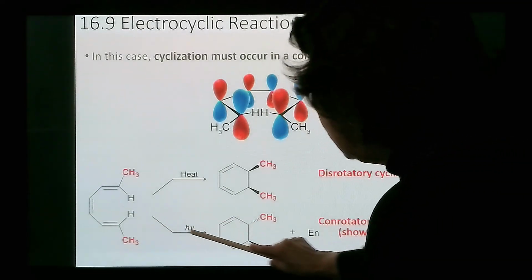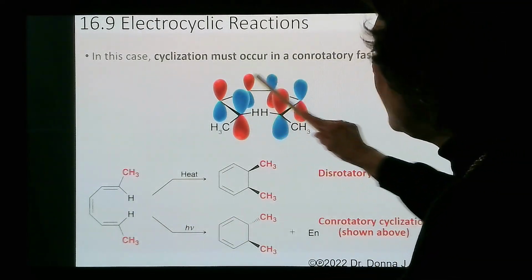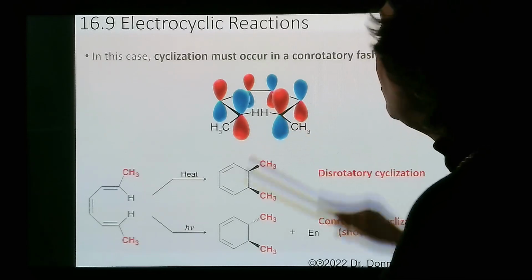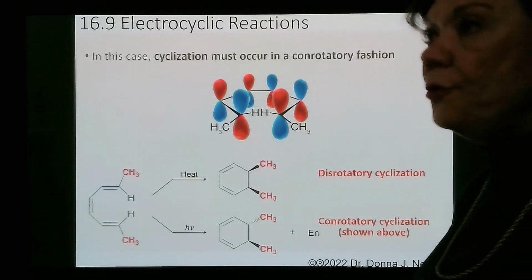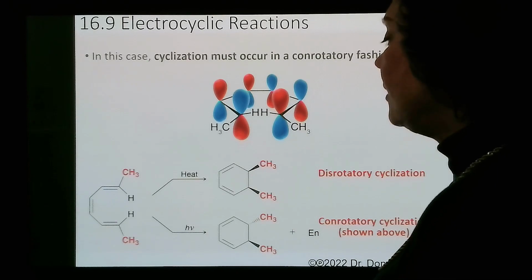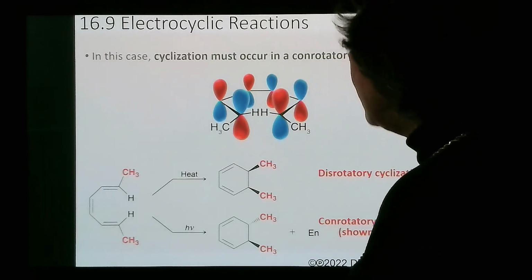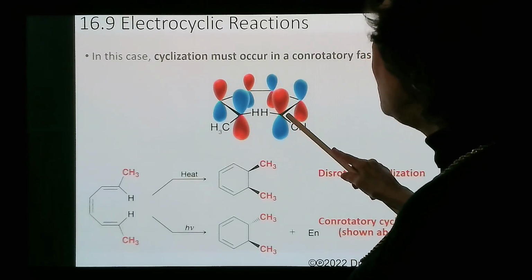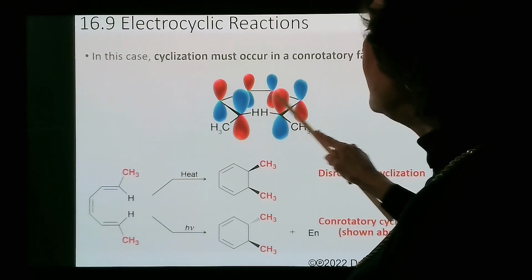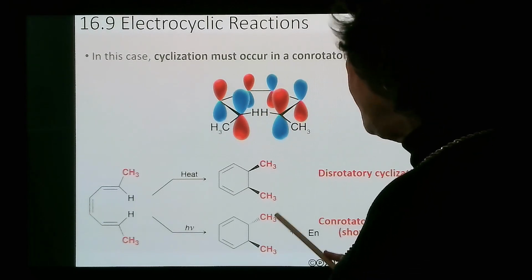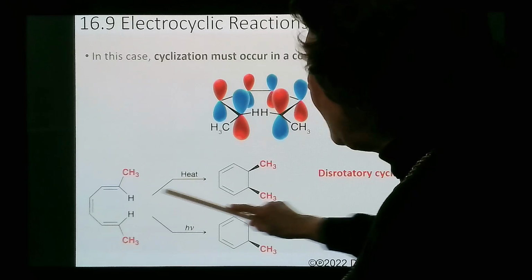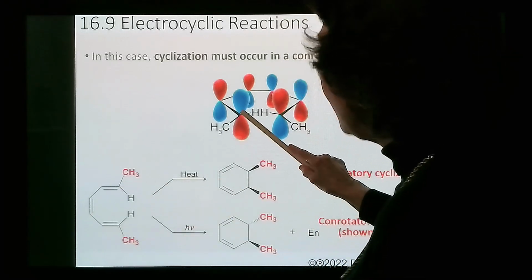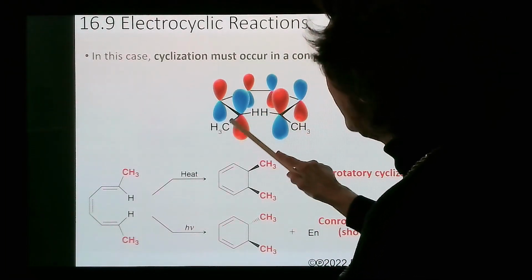And so this reaction down here is the one that's going to be shown by this orbital. I can just know because I recognize this as psi 4 and not psi 3. So you can go back and look at your notes, and you'll see here we start out with the methyl groups on the same side. Notice they're both going out.